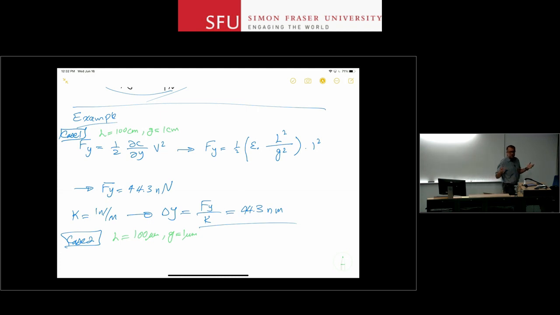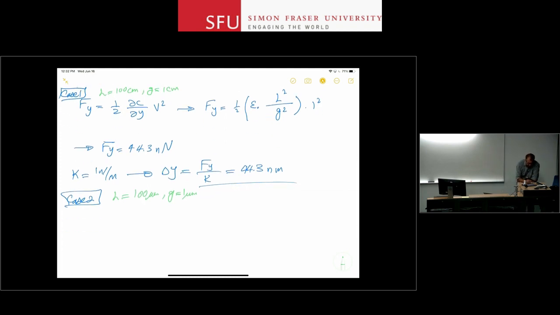I get a device that is a plate 100 microns by 100 microns, sitting above a gap of 1 micron from a stationary plate. In this case, if I do the math, I still get 1/2 epsilon naught, L squared over G squared times V squared. As long as I apply the same voltage, look at the ratio of L squared over G squared.